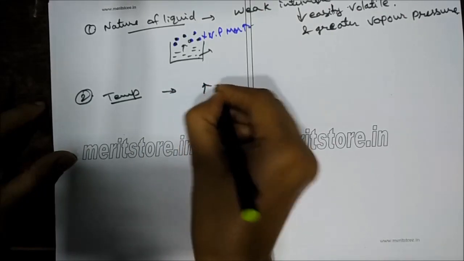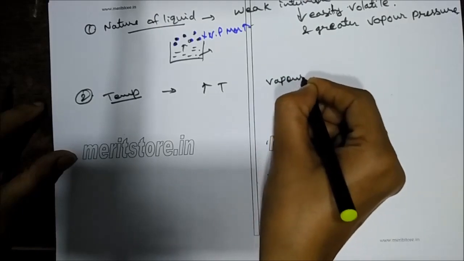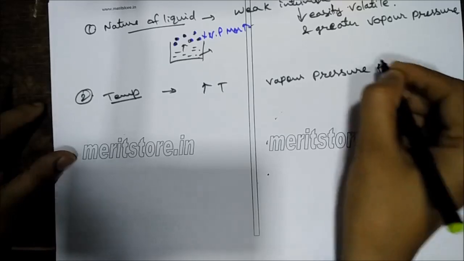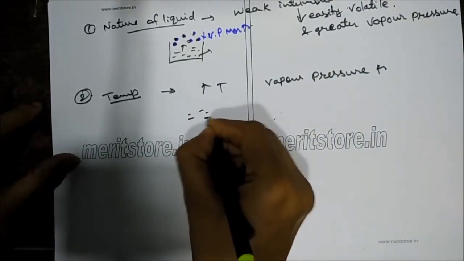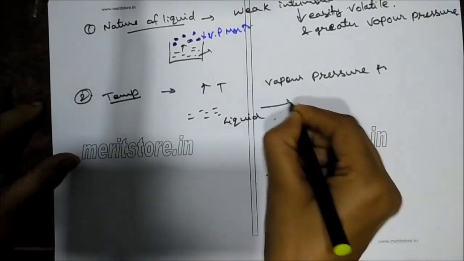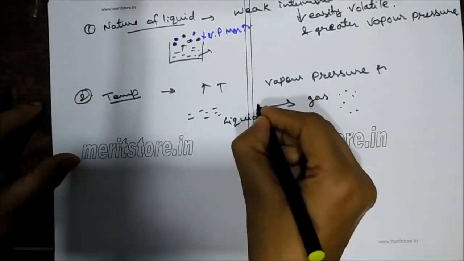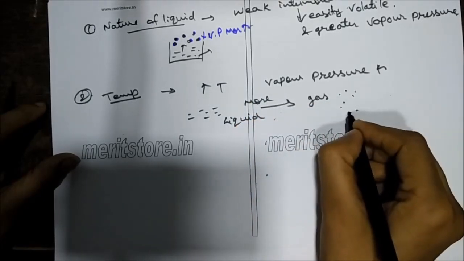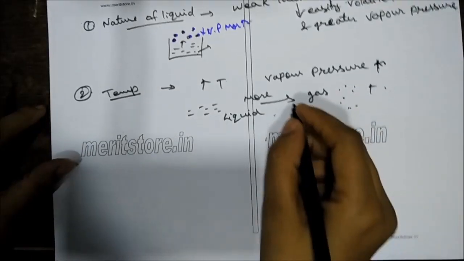If we increase the temperature, the vapor pressure will also increase. With high temperature, more liquid molecules will tend to go into the gas state, and if the number of gas molecules is more, then the vapor pressure will also be more.